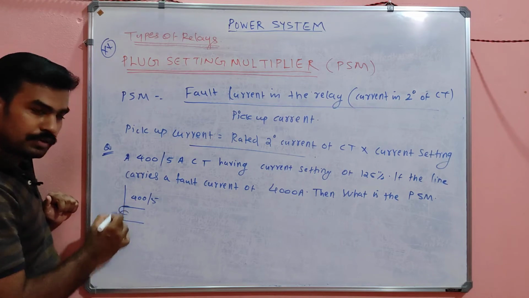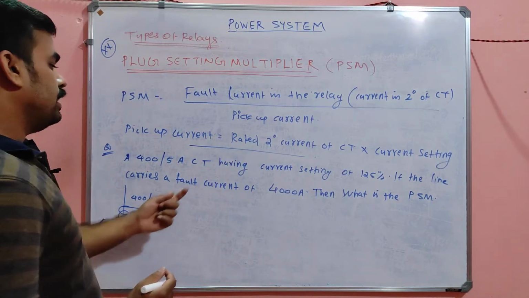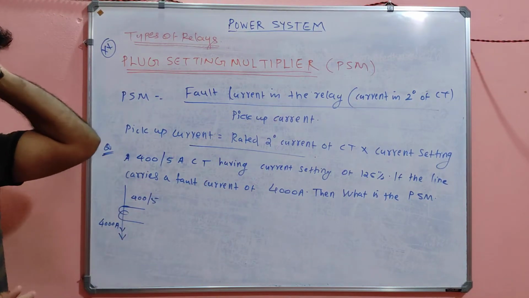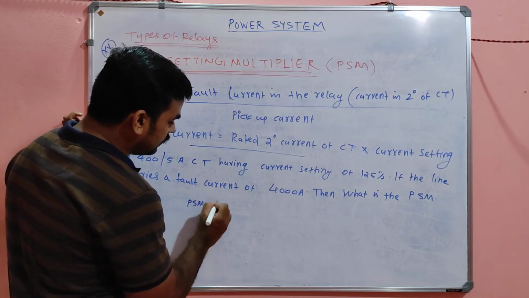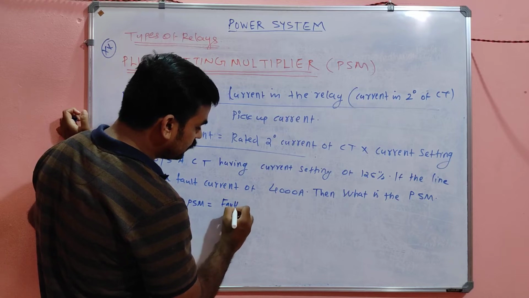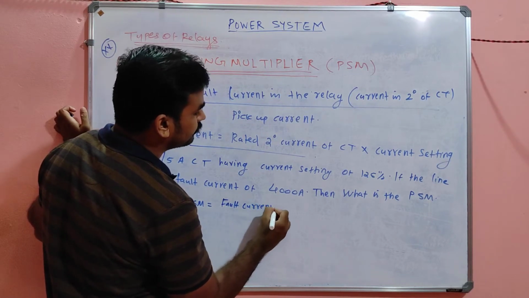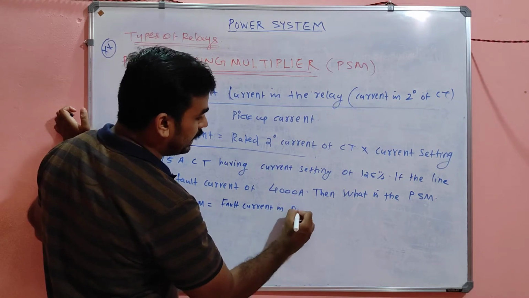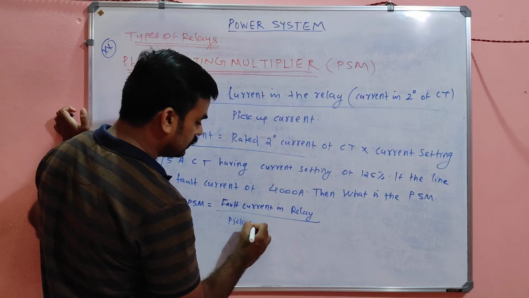If the fault current is 4000 ampere, then what is the plug setting multiplier? We have the definition: the fault current in the relay divided by the pickup current.